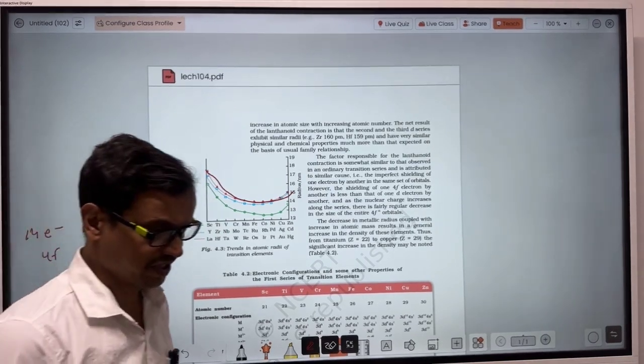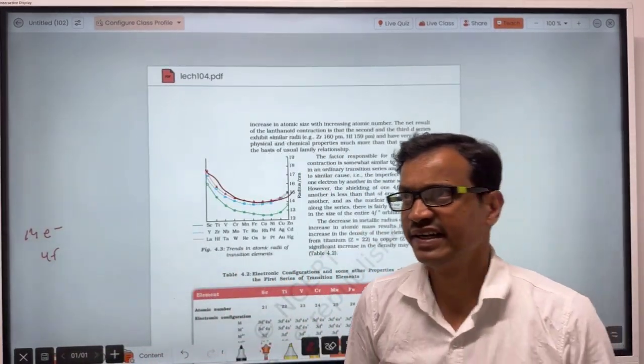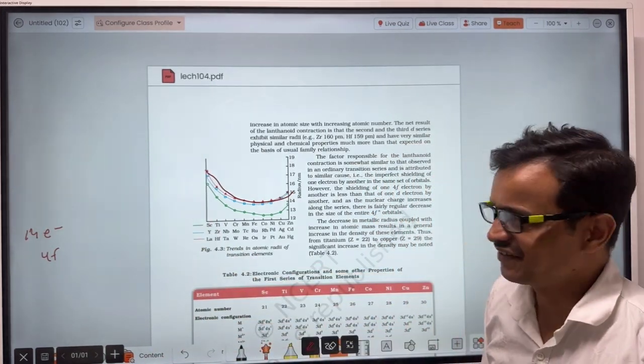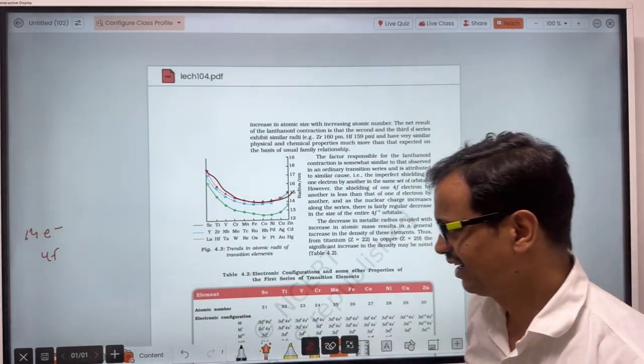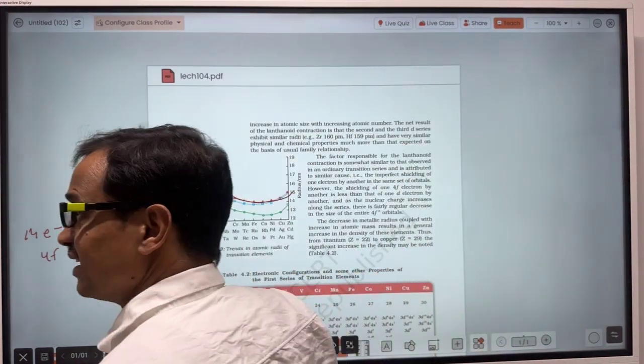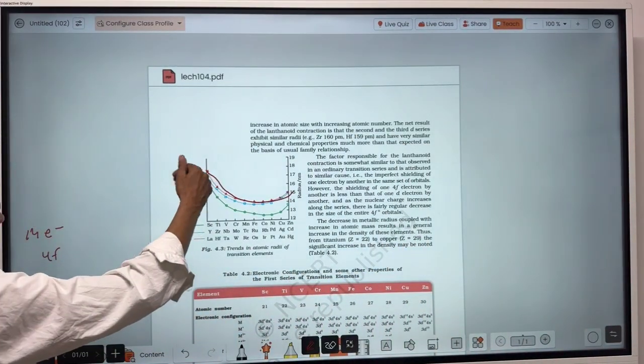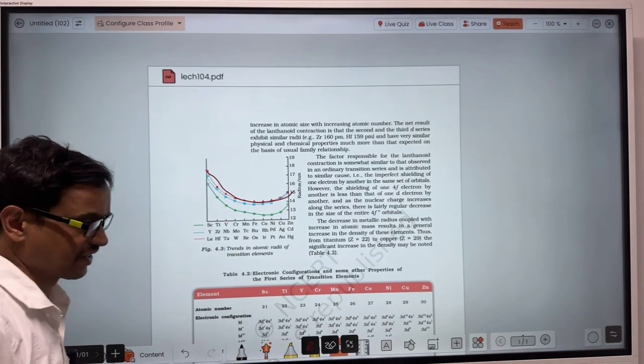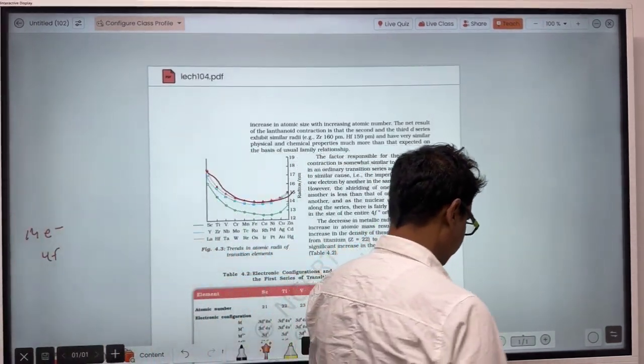These 14 electrons present in the 4f orbital have poor screening effect. That's why the atomic radii will not increase as was expected. What is a screening effect? Let's see.